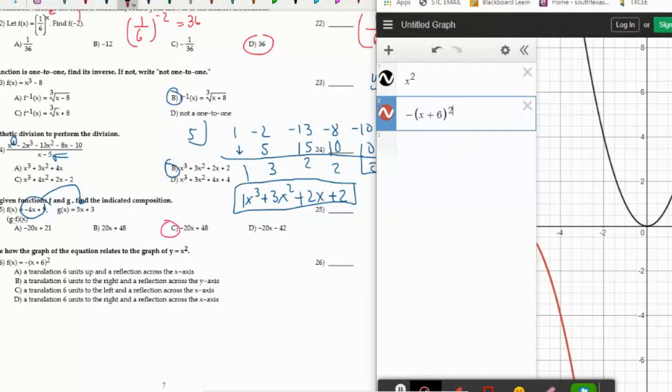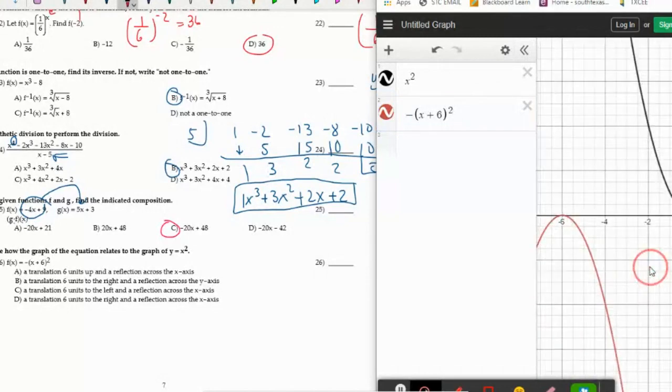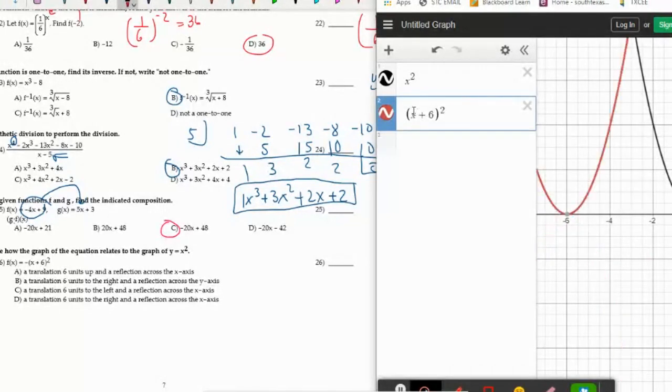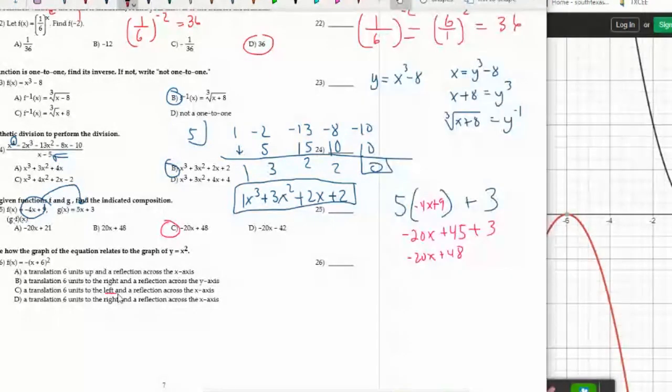So what's happening here? We noticed that it moved left and then it reflected, right? So let's move this first. It moved left and then the negative makes it reflect. Left and reflect. Bada boom, bada bing.